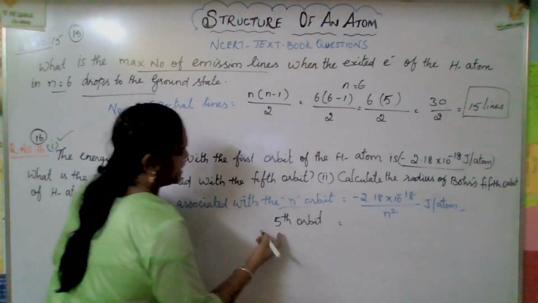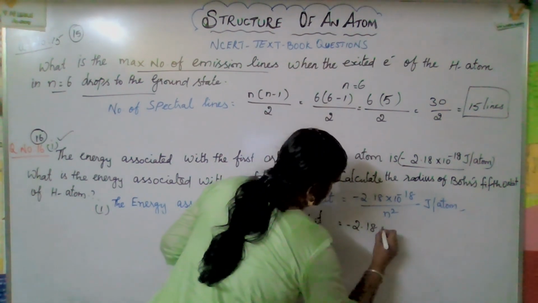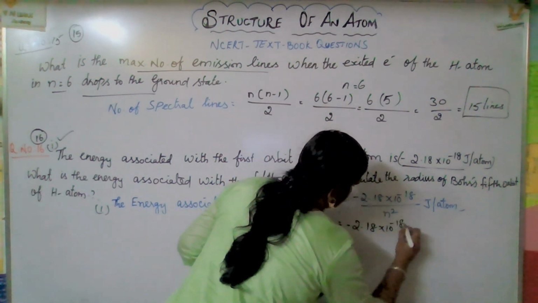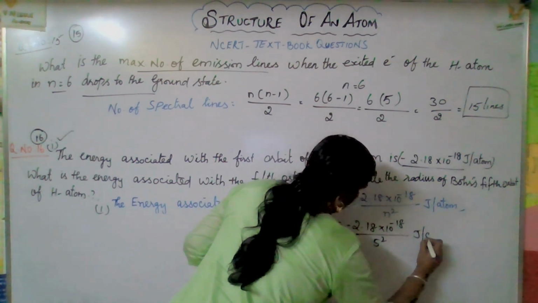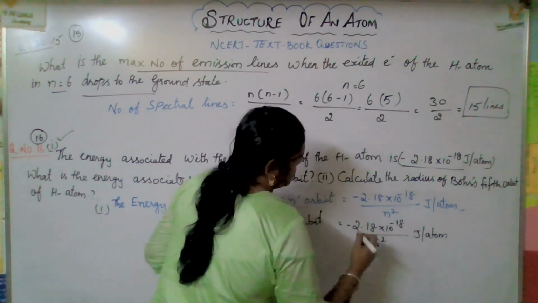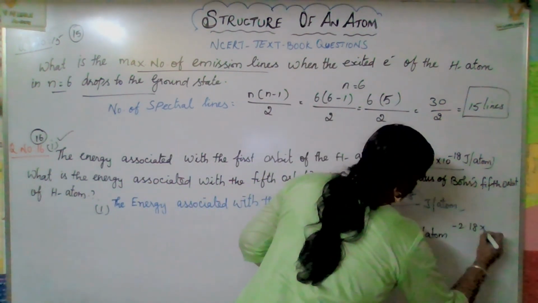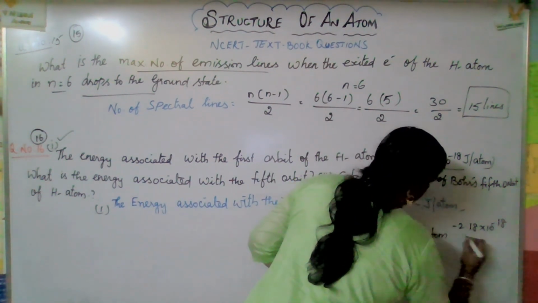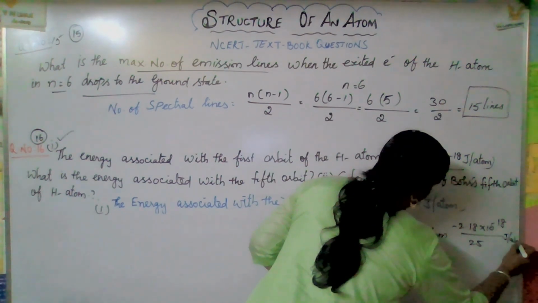N squared means here 5 squared, right? So minus 2.18 into 10 to the power of minus 18 divided by 5 squared joule per atom. So here 25, no? So you will bring here minus 2.18 into 10 to the power of minus 18 divided by 25 joule per atom.